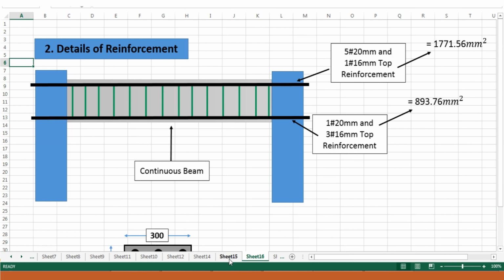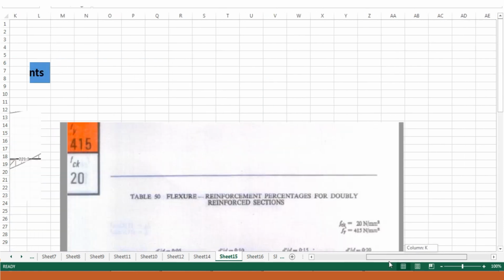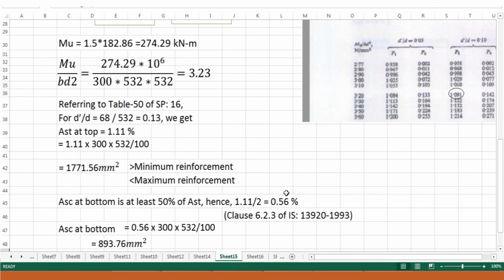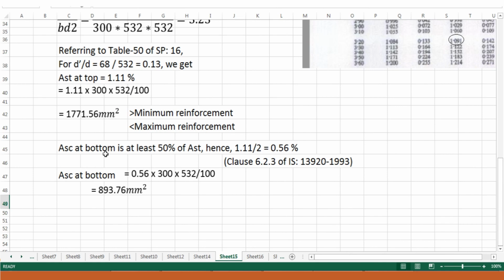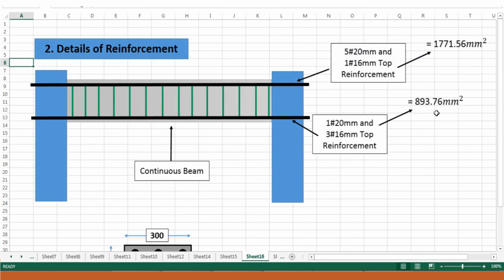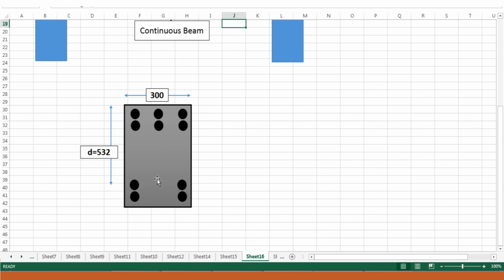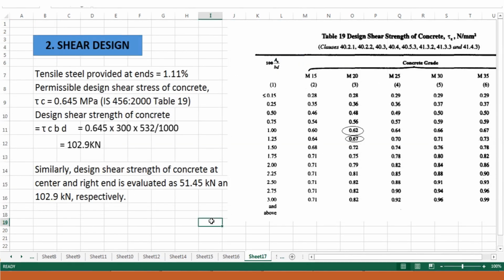What we require is a reinforcement of 1771.56 at the top and 893.76 at the bottom. By providing such reinforcement at top and bottom, we are obtaining the required amounts.